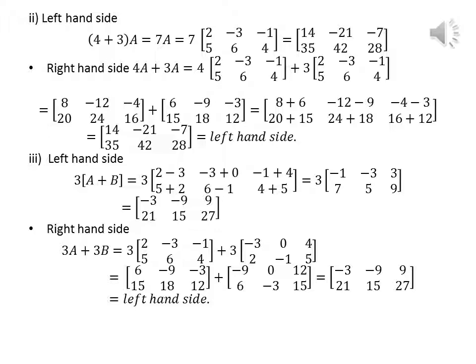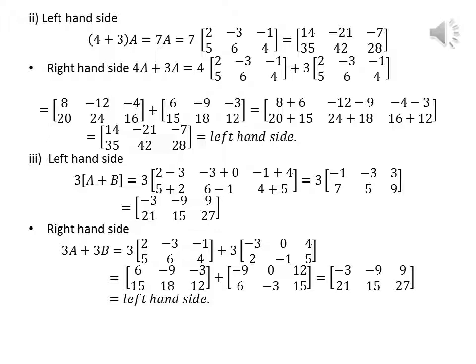Each element in A corresponds to each element of B. So 3 outside the matrix: 2 plus negative 3, negative 3 plus 0, negative 1 plus 4. Second row: 5 plus 2, 6 minus 1, 4 plus 5. So we get negative 1, negative 3, 3, 7, 5, 9, all times 3. So we multiply each element inside this matrix by 3.